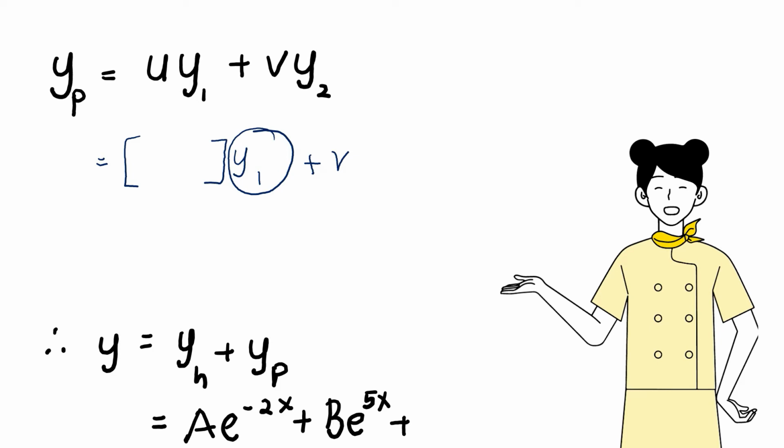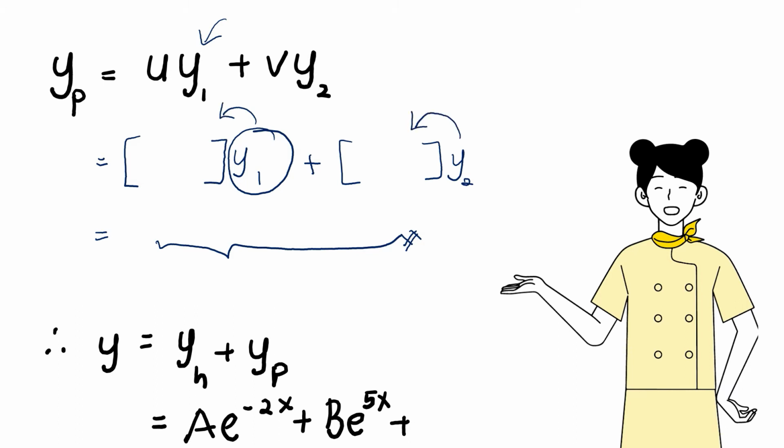Substitute the v that we have obtained, and then multiply with our y2. So plug in all the information into the formula of yp, u y1 plus v y2, and then simplify, where you multiply y1 into your u as well as y2 into your v, and then we get the yp.